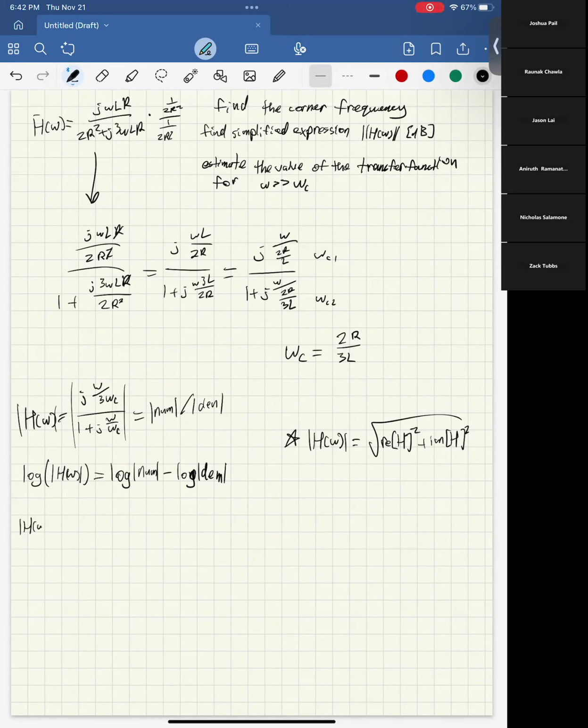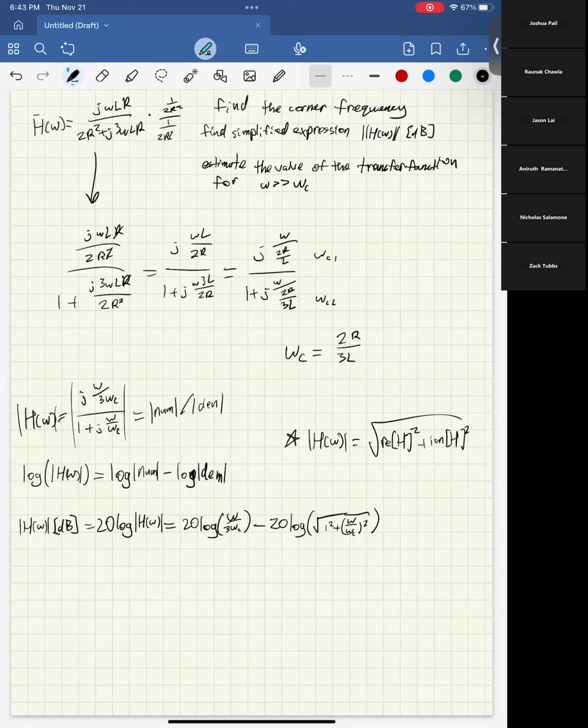So if we're finding H of omega in decibels, that's equal to 20 log the magnitude of H omega, which would then be 20 log omega over 3 omega c minus, because we have that denominator there, 20 log, and since you have a real and imaginary part separate, it would be the square root of 1 plus omega over omega c squared.